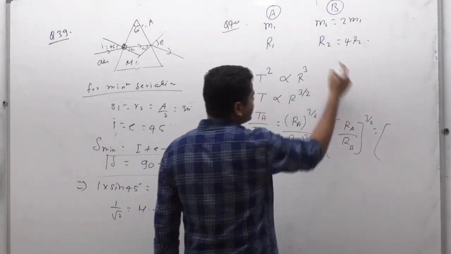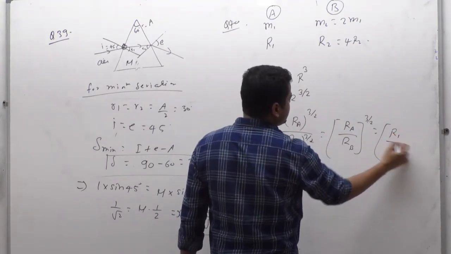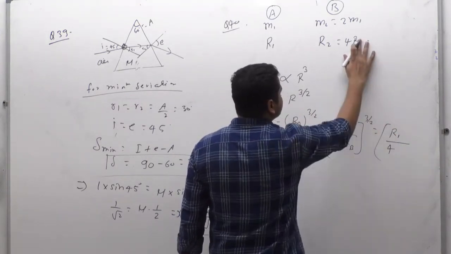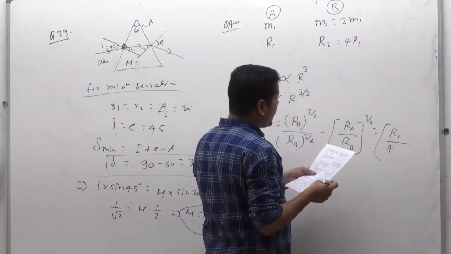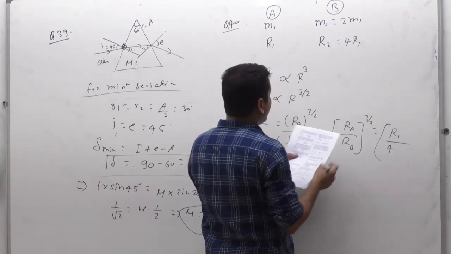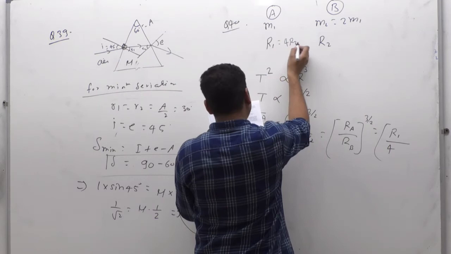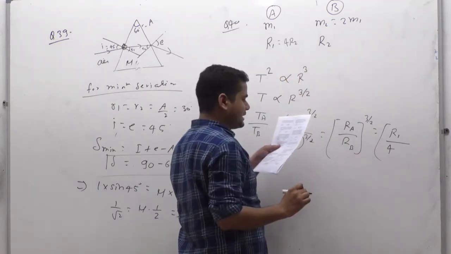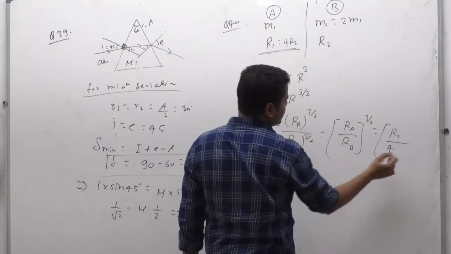Now we are given RA equal to R1 and RB equal to R2, with R1 equal to 4 times R2, as given in the question.